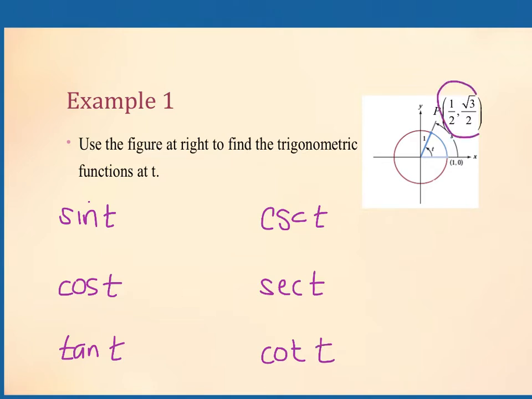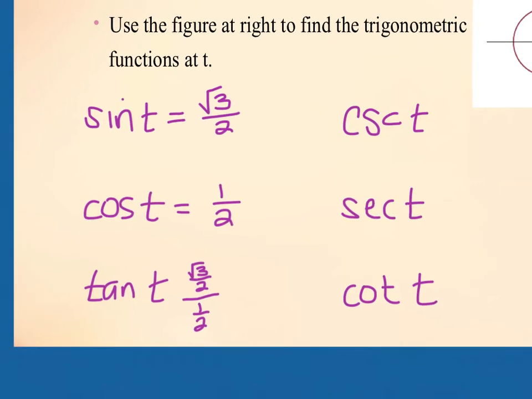So if my point is 1/2 and root 3 over 2, what's the sine? Root 3 over 2. What's the cosine? 1/2. The tangent, I have to do root 3 over 2 divided by 1/2. Keep, change, flip, and I get root 3.